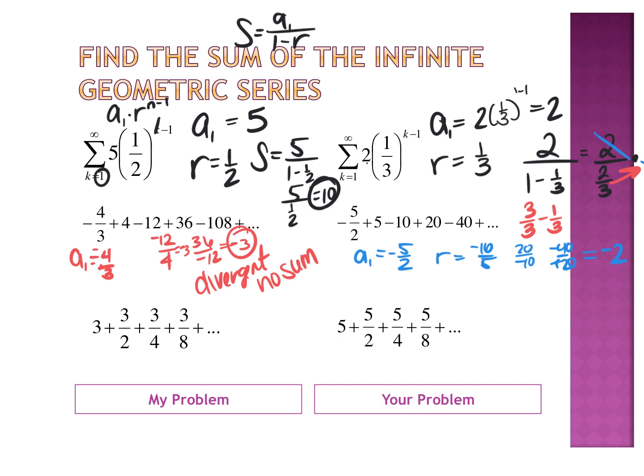Negative 2 is not less than 1. Remember that the negative sign doesn't affect whether it's divergent or convergent. It's just the value of the number, the absolute value. So this is divergent, and there is no sum. Okay, that should be the easiest problem on the test, where you look at r. It's asking you for an infinite sum, and it's greater than 1.